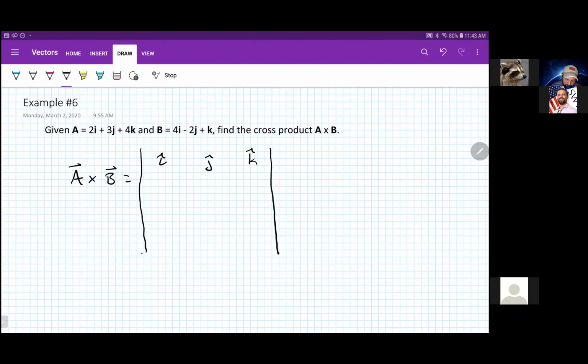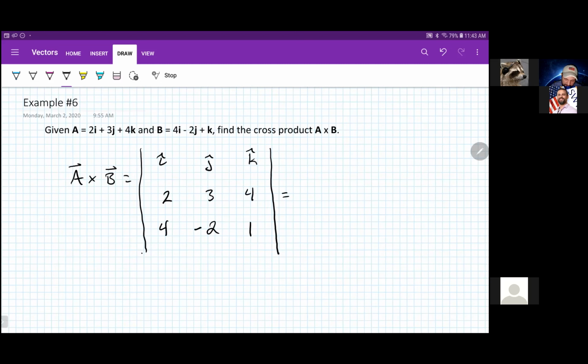I put down IJK in the first row. In the second row, I'm going to put my components for A: a 2, a 3, and a 4. And then in the third row, I'm going to put a 4, a -2. Don't forget that negative. And there's a 1 with that K, so I'm going to put a 1. Otherwise, the K wouldn't be there. It would be 0.